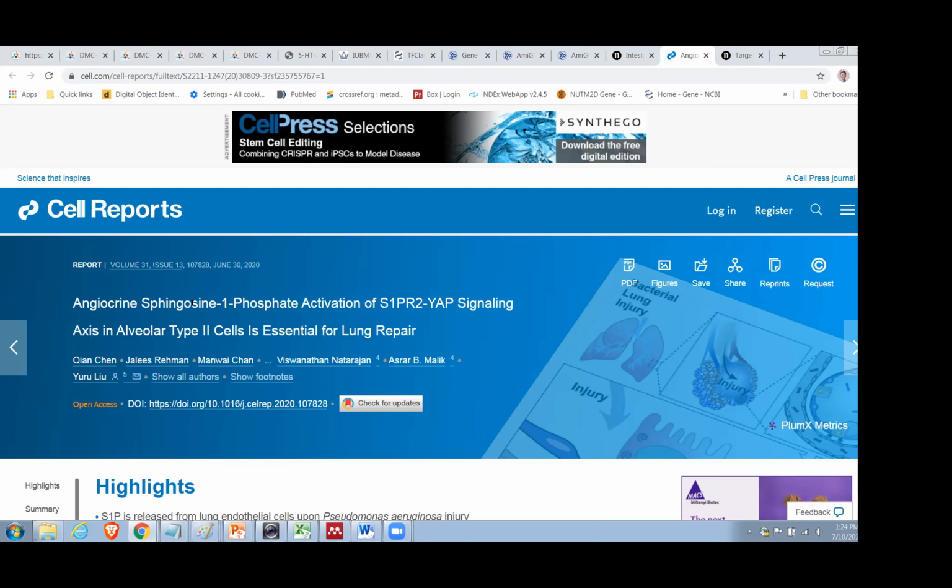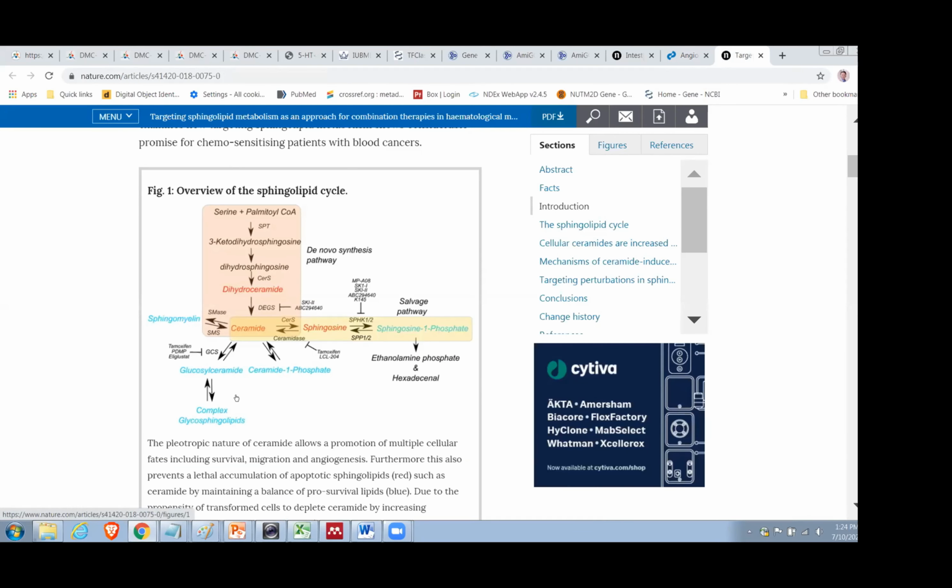And the way that you do that is you look at the biosynthetic pathways for small molecules, and in this case, sphingosine 1 phosphate.